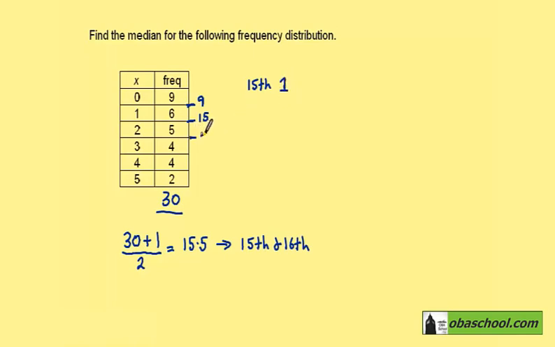There's then 5 twos, so the 16th piece of data would be the first of the twos. The median is equal to the 15th piece of data added to the 16th piece of data and then divided by 2. So the median for this data set is 1.5.